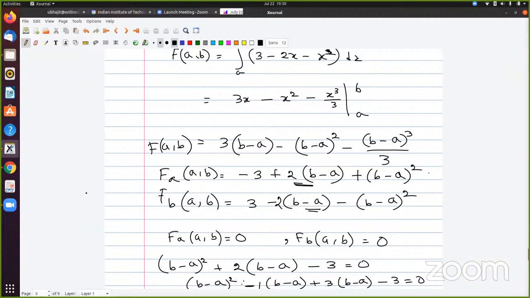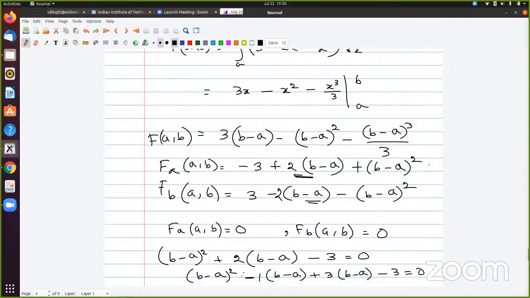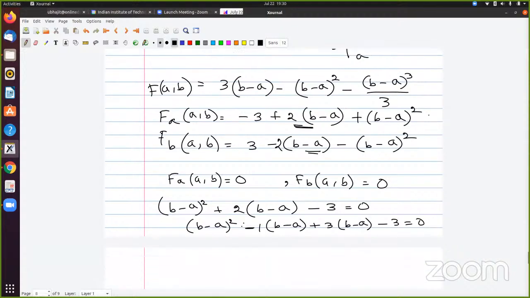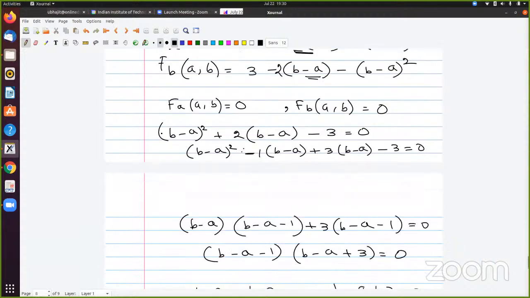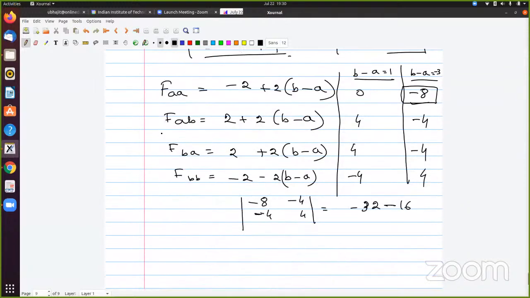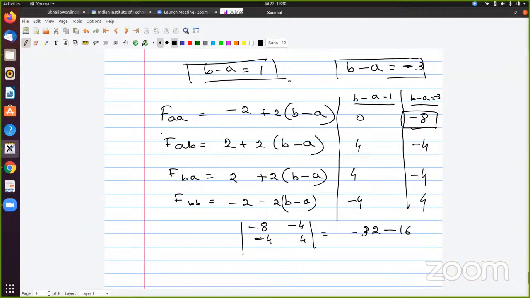So you expanded it from here itself, right? F of a, b. Yeah, okay. What are the values of a and b you have got? I got b is either -3 or 1.